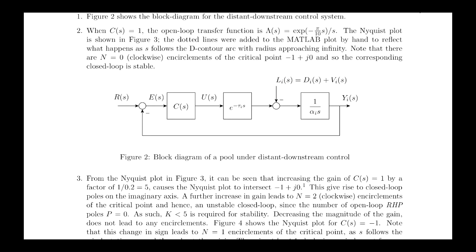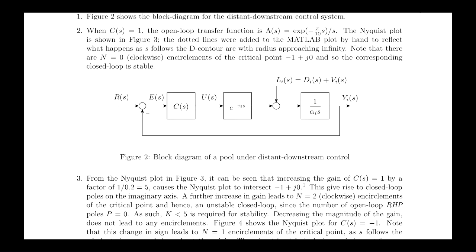As the farmer turns on their demand, it's like a step change in the flow load. And that can't be rejected perfectly in steady state unless we have an integrator in the controller. But we can reduce the amount of error by increasing the gain of the loop. Just do the analysis. I think maybe it's already in here.